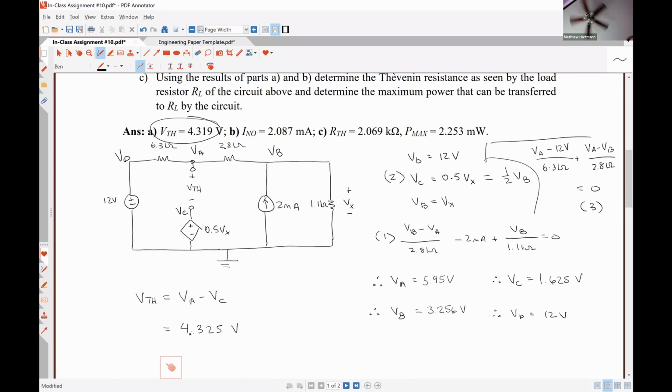All right, so our Norton current. What do we do with the resistor RL? You short it out. Short it out, exactly right. And then we find the current through the short.